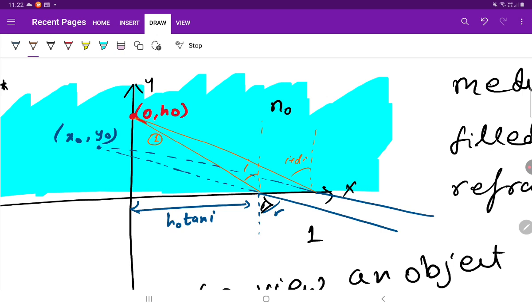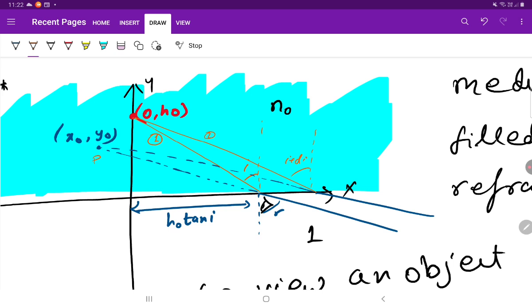Similarly, we consider another ray, which will be incident at an angle i plus di, and it will be refracted at an angle r plus dr. Then you will similarly produce the second ray backwards. Then it will meet the first ray, which is refracted and produced backwards, at some other point. Let it be point P.